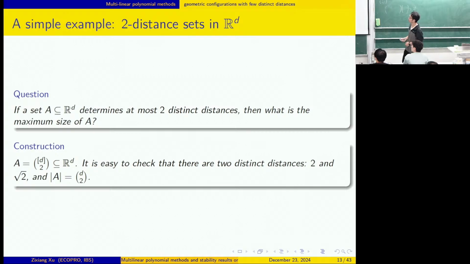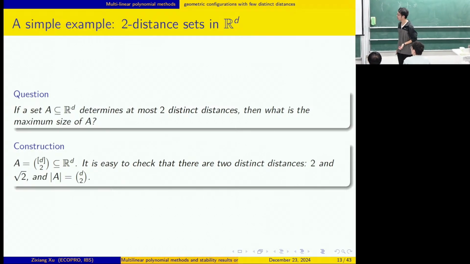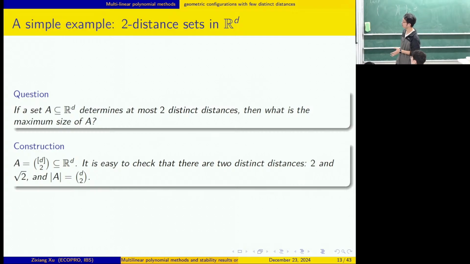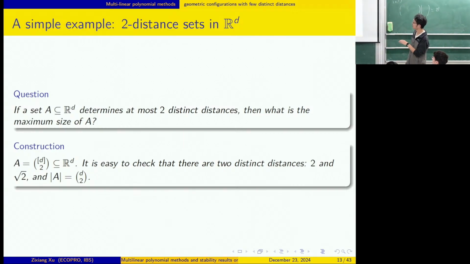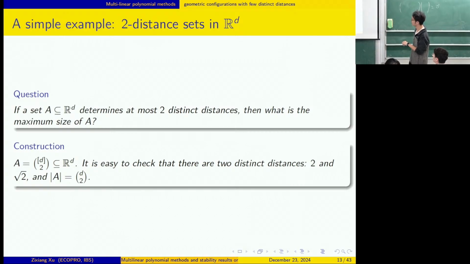Suppose we say a subset in a d-dimensional Euclidean space is a two-distance set. Suppose this set only determines at most two distinct Euclidean distances. So then what can we say about the maximum size of this subset?